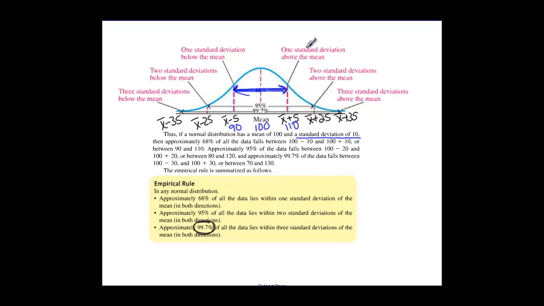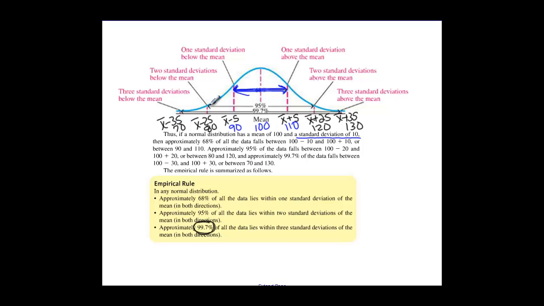Let's keep going further. In fact, let's go ahead and fill this out. For plus two standard deviations, I would have 100 plus 20, and then 100 plus 30. So 120, 130, and in this direction 100 minus 2 times 10, so 100 minus 20 is 80, and this would be 70.